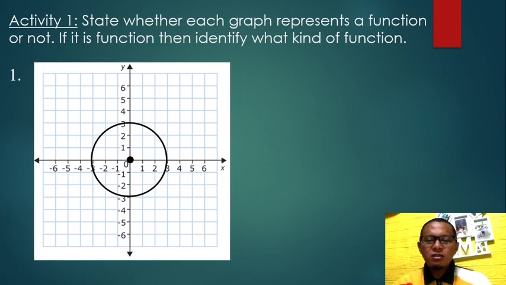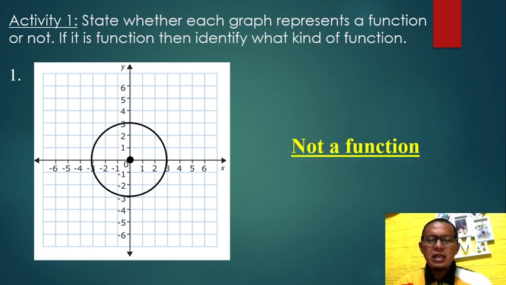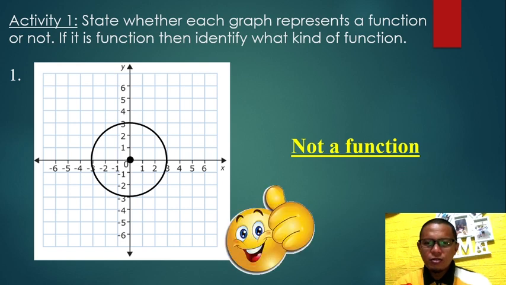Okay, so our activity 1: state whether each graph represents a function or not a function. If it is a function, then identify what kind of function. Number 1, it is not a function. Very good.